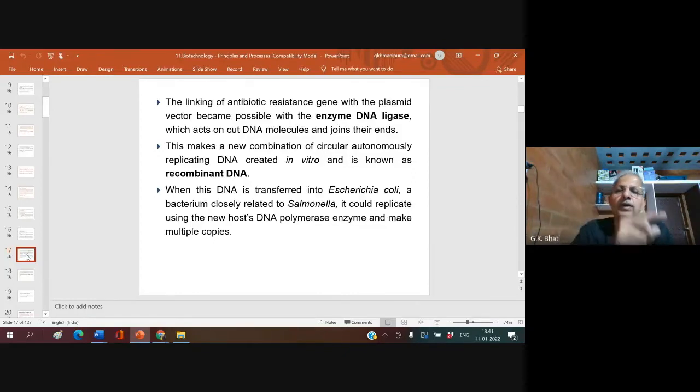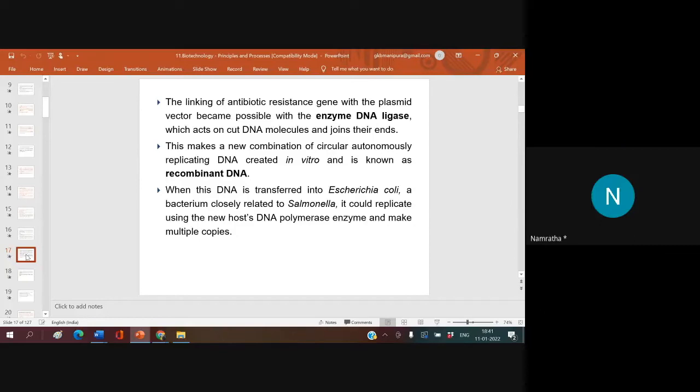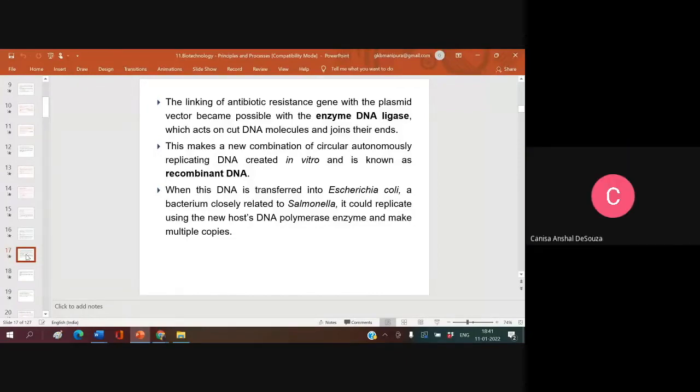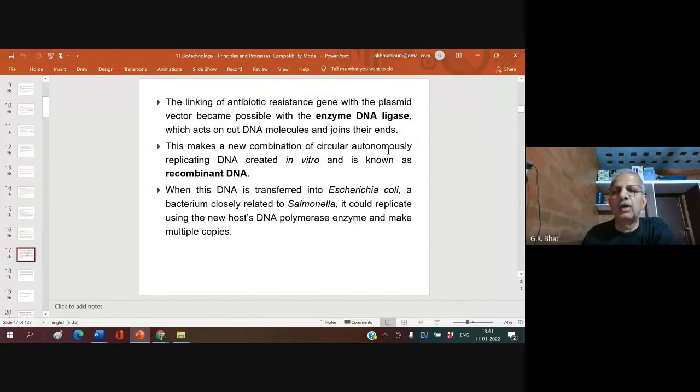So what is the enzyme required to cut? What do you call that enzyme? Restriction enzyme. What enzyme is used to join? DNA ligase.